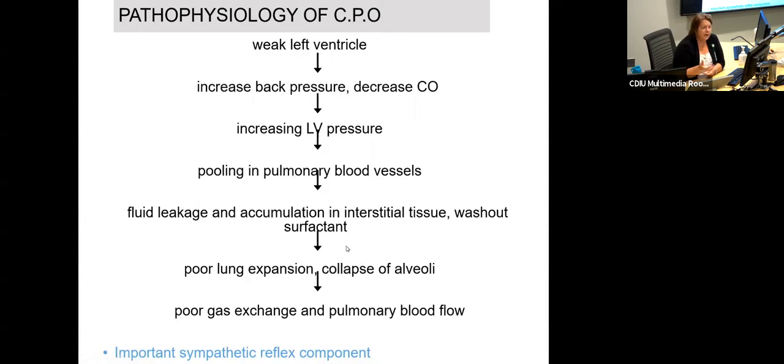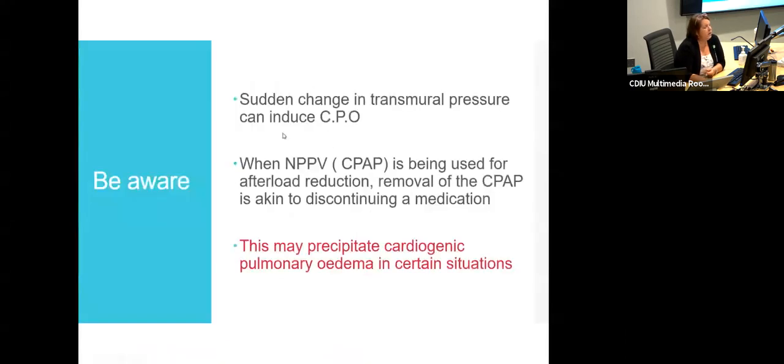But if you just imagine what it's like to have an acute and sudden rise in LV pressure, this is one of the things that can occur. So sudden changes in transmural pressure can induce cardiogenic pulmonary edema.